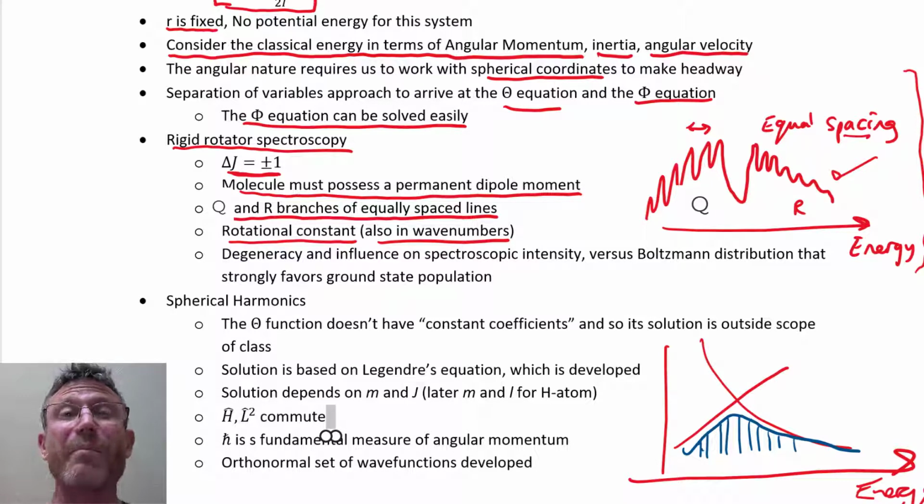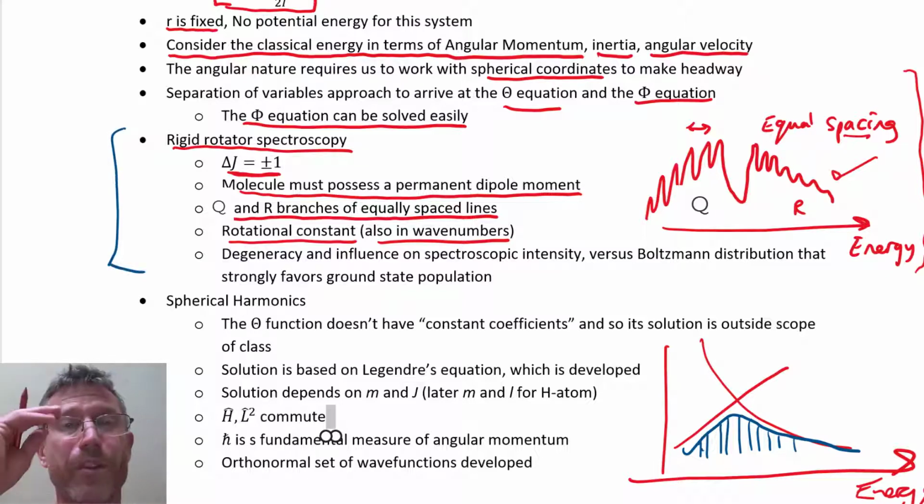Basically, the rotational energy changes are about 100 to 1,000 times lower than those for a vibrational transition, but we can often see them in a high resolution infrared or FTIR spectrometer. So that is what we talked about in terms of the spectroscopy of the rigid rotor.